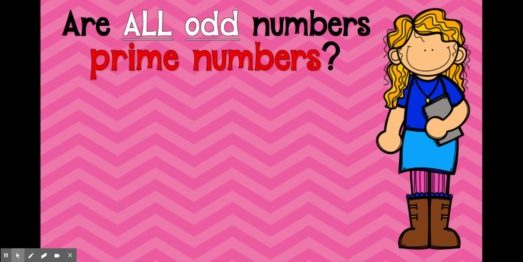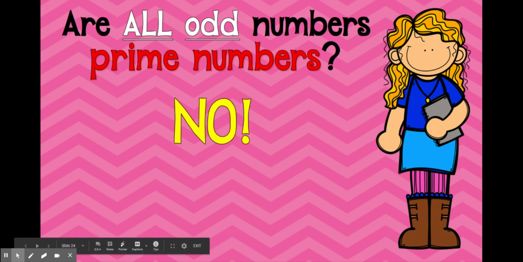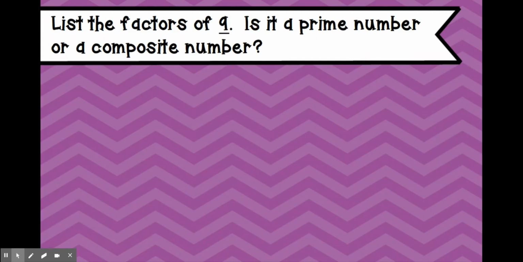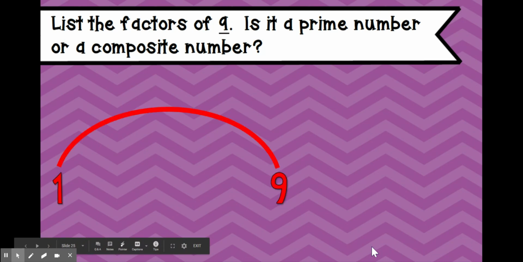So now let's talk about odd numbers. Are all odd numbers prime numbers? No. Why not? So let's list the factors of 9. 9 is an odd number. So is it a prime number or a composite number? So we start off with the factors of 1 and itself.